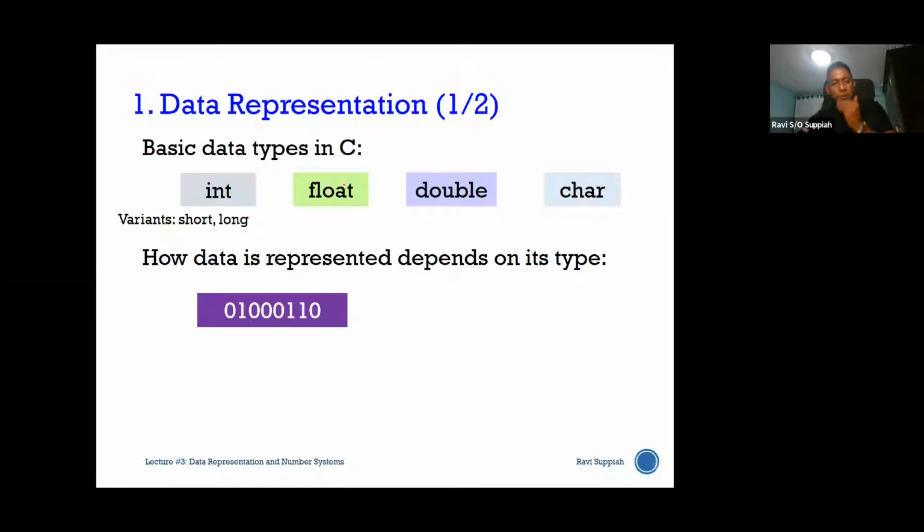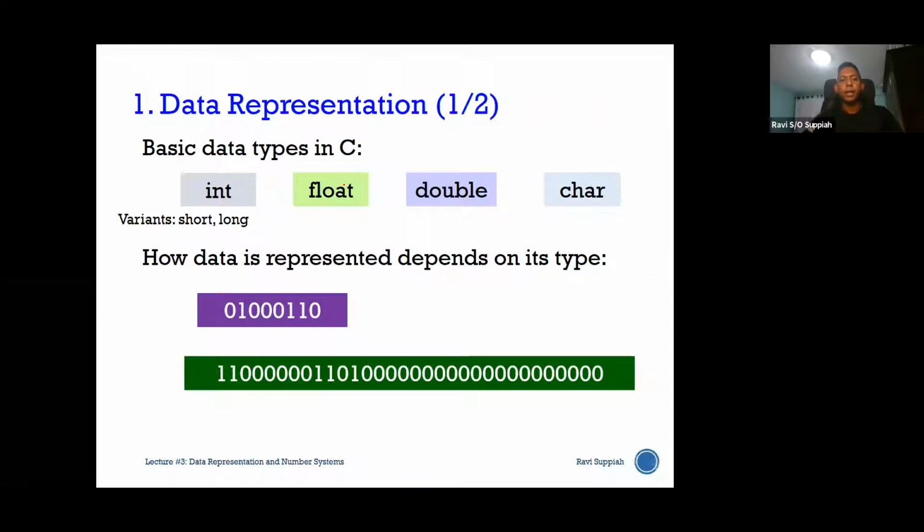If I look at these 8 bits in binary notation, 01000110, what does this actually mean? What value does it represent? It depends on what data type we are referring to.